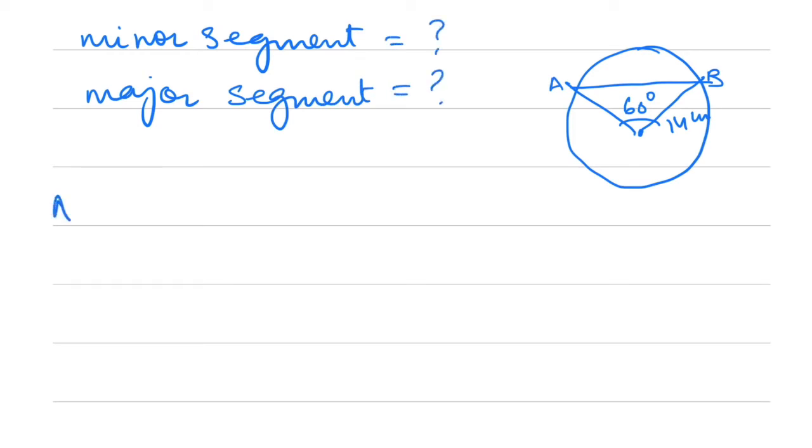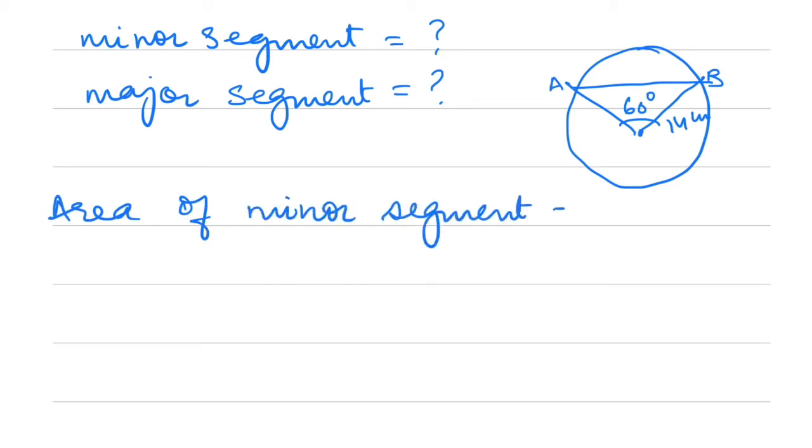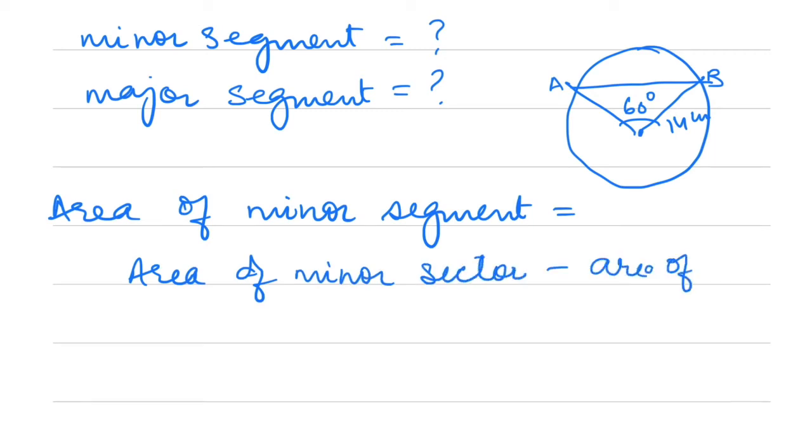Area of minor segment will be equal to area of minor sector minus area of triangle AOB. So let's write down the formula first.